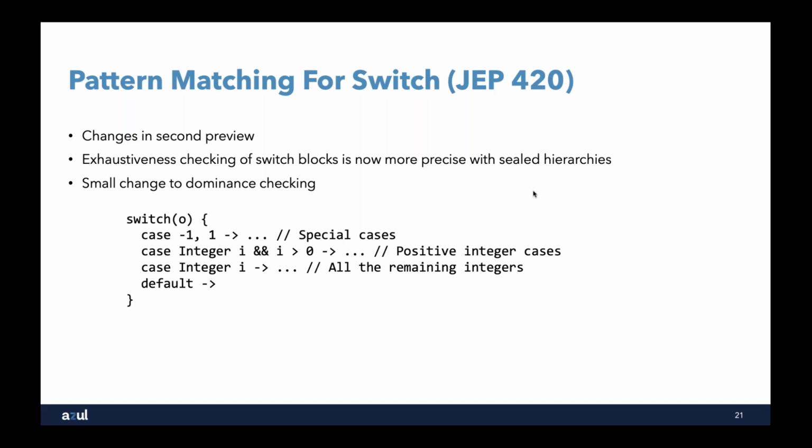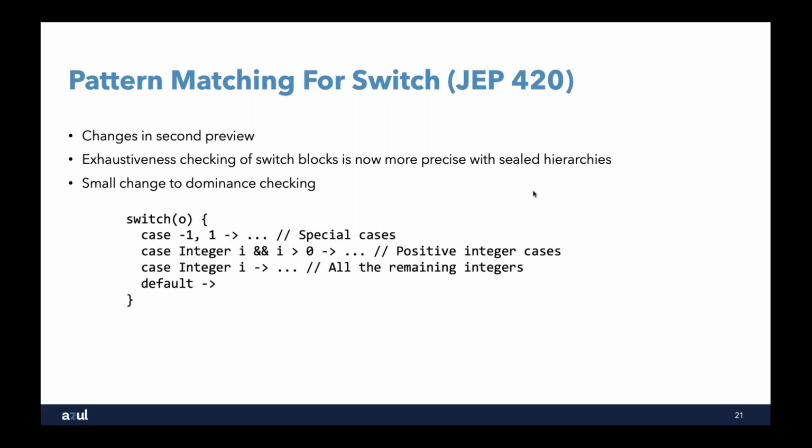If we were using a sealed class, then we wouldn't necessarily have to have a default, because we could specify all of the possible things that are involved in that sealed type hierarchy and make sure that we had exhaustive checking on that. So one of the things that they've done in terms of the update to this feature is to make exhaustive checking on switch blocks more precise, specifically with sealed hierarchies.